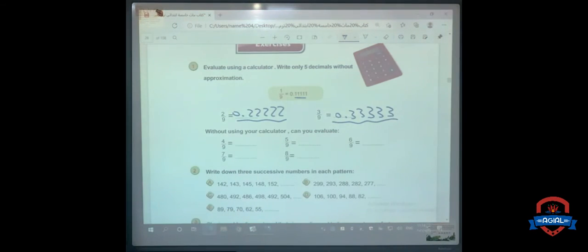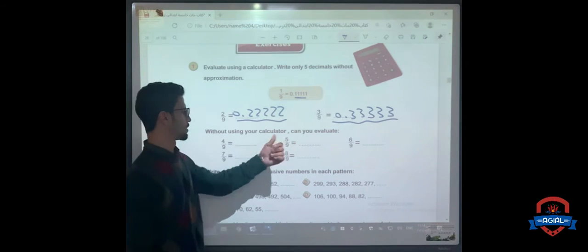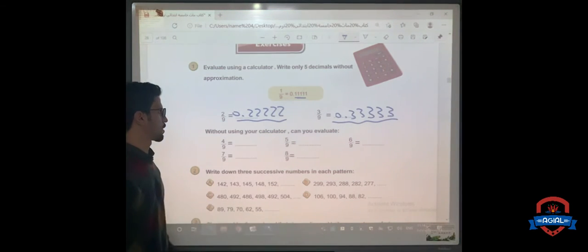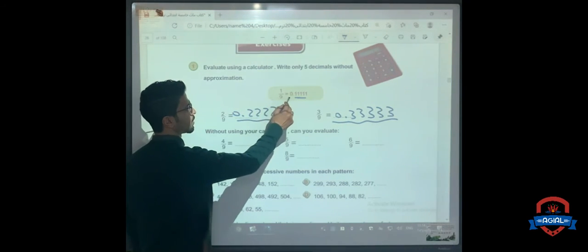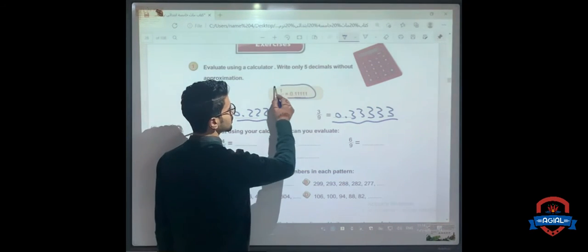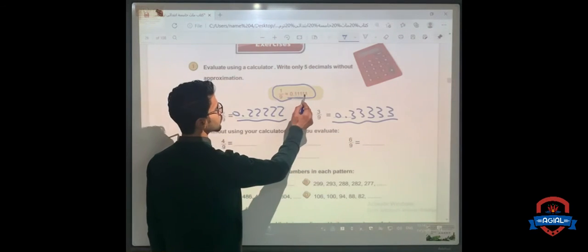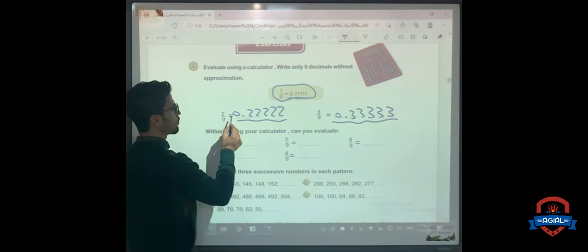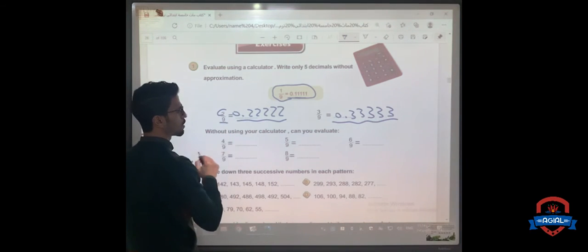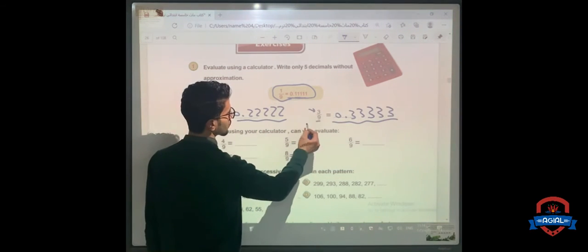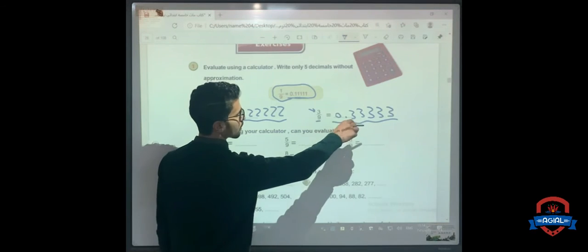So without using a calculator, can you evaluate these values? Yes, I think we know something. When we divide 1/9, the quotient is 0.111, and here we have 0.222 when we divide 2/9, and when we divide 3/9, we have 0.3333.